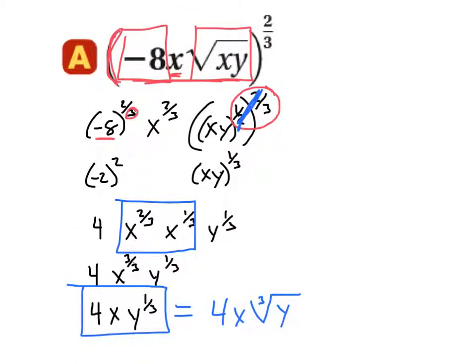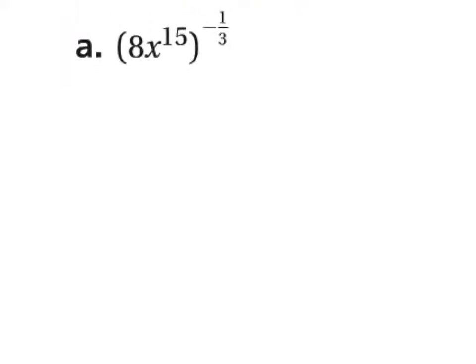All right, so one more example then would be example A right below this. For this example, we have two items inside the parentheses that are being raised to a power. So I'm going to want to associate that power to each of those items, except that power is negative. I don't like working with negative exponents, so the first thing I would do is change that negative exponent to a positive exponent.